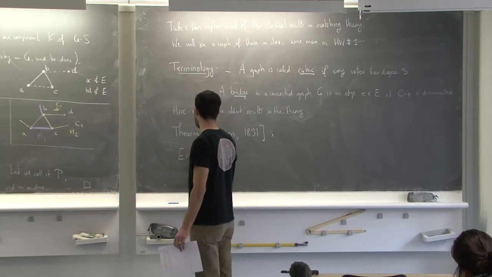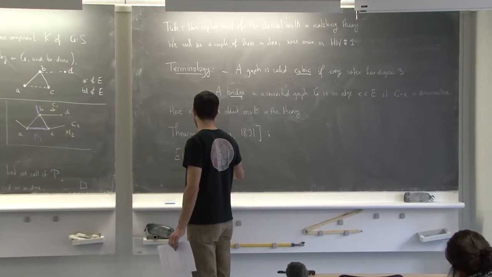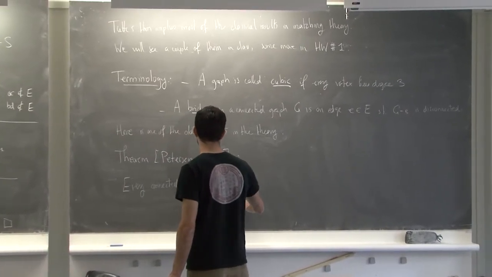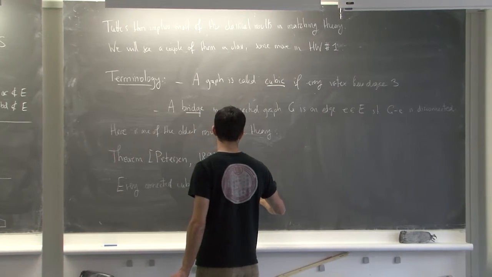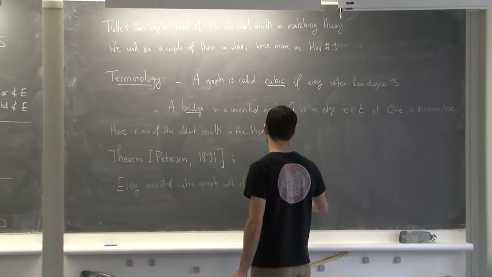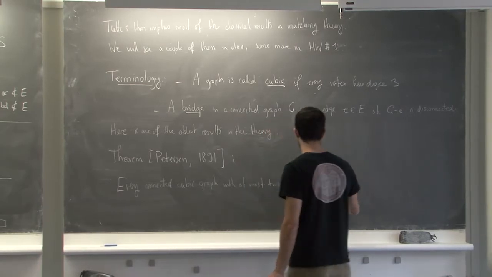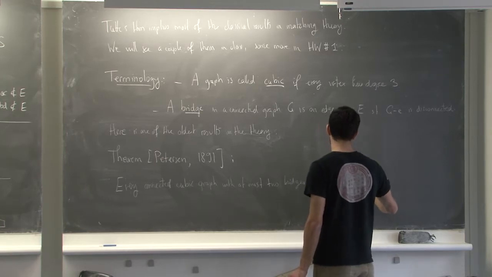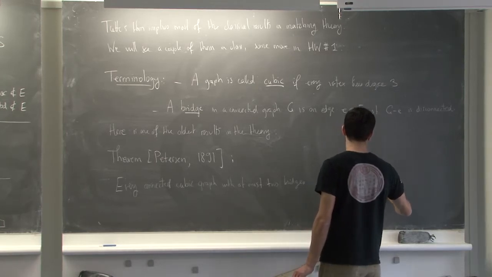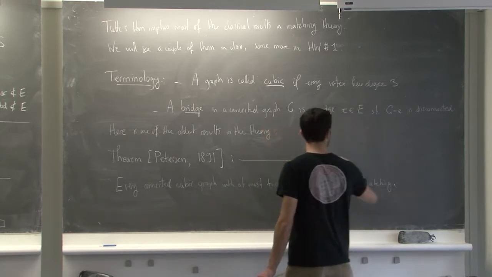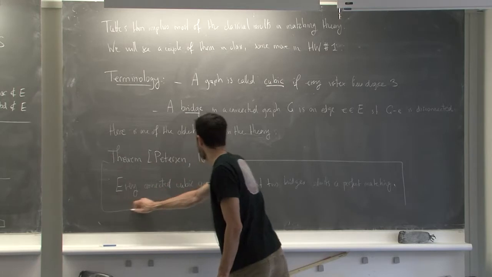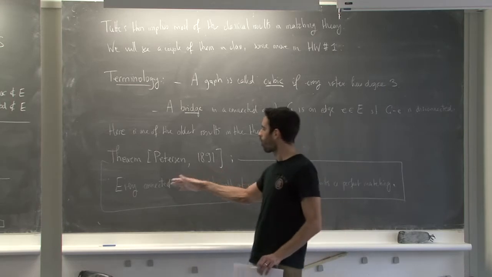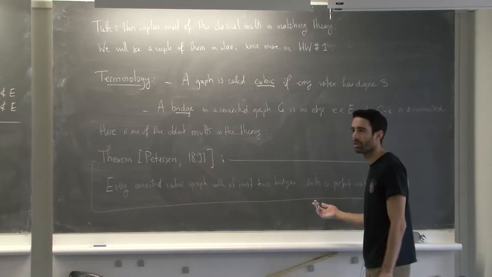Every connected cubic graph with at most 2 bridges admits a perfect matching. The original statement was every connected cubic graph with no bridges admits a perfect matching.